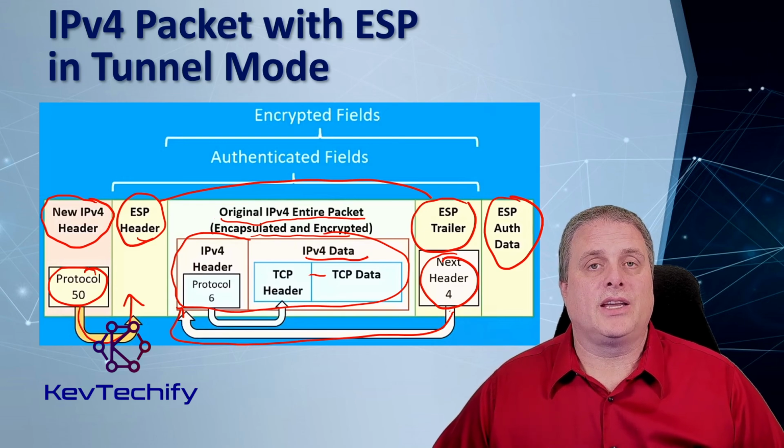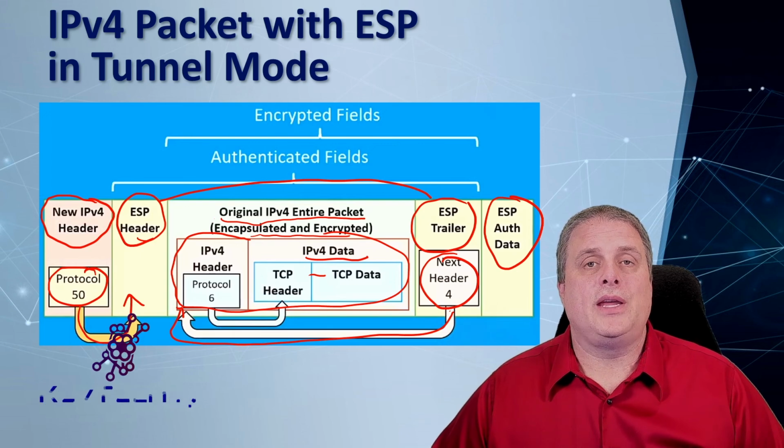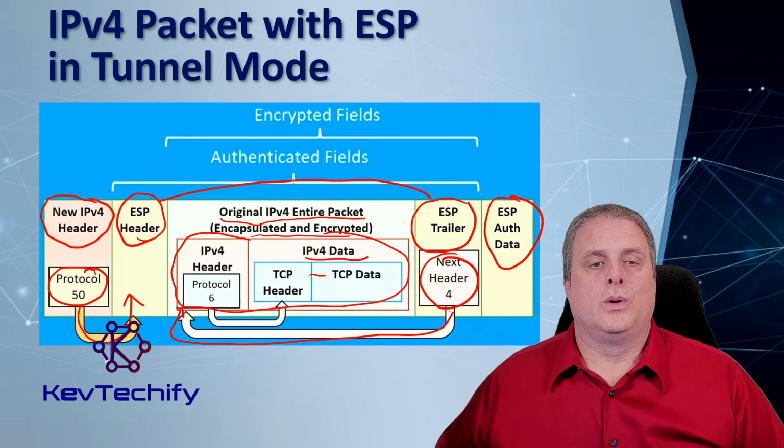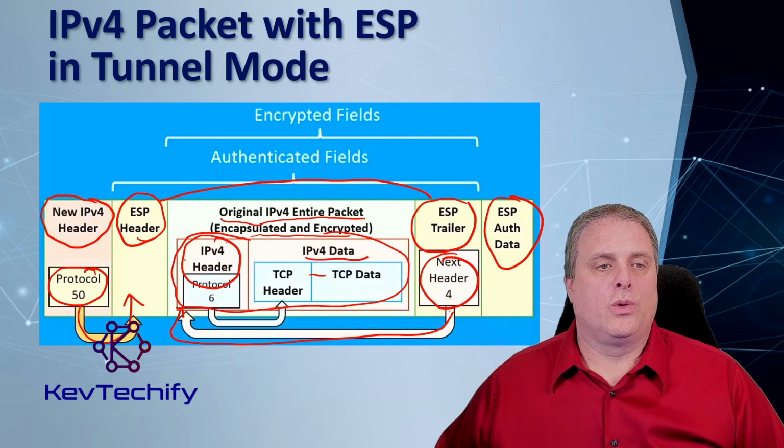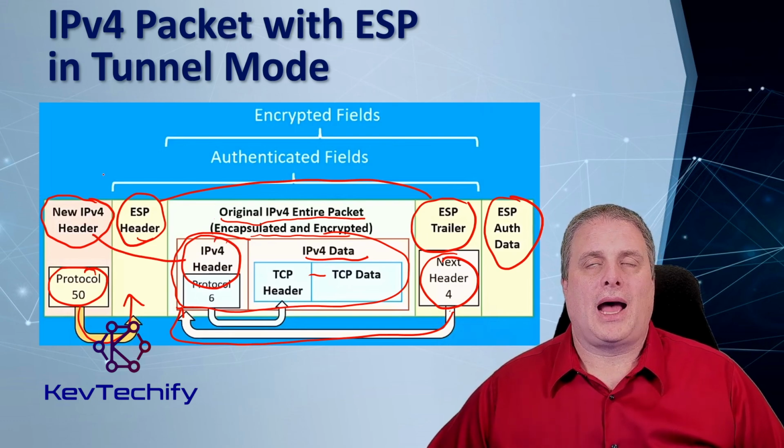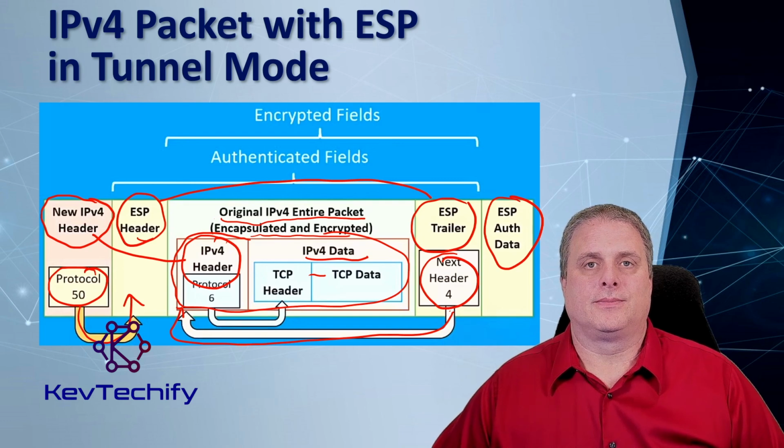This is the type of packet you would see in an ESP or VPN tunnel, with the original IP version 4 address along with the new public IP version 4 address.